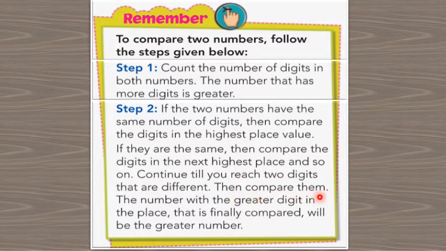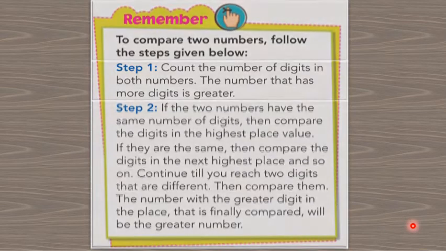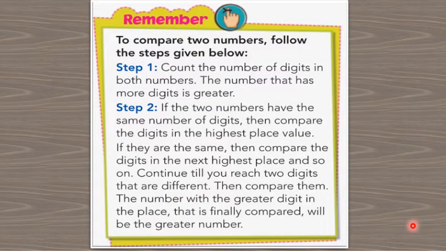Then compare them. The number with the greater digit in the place that is finally compared will be the greater number. So these are the two steps to be followed while comparing two numbers. Now let us remember these points and use these while comparing the numbers.